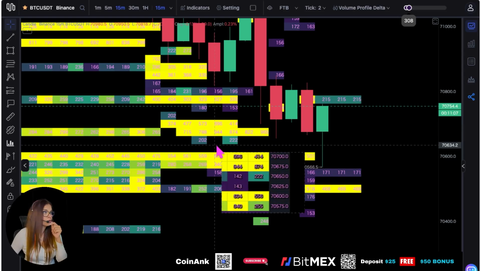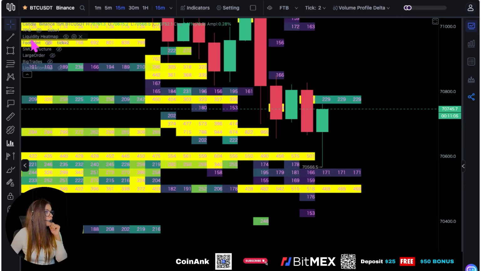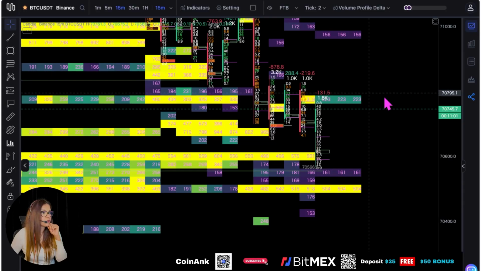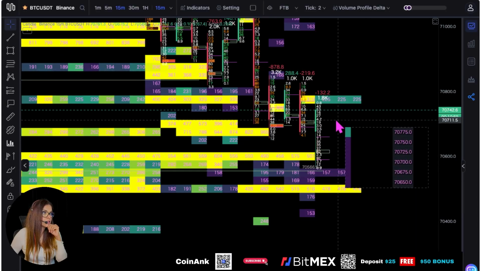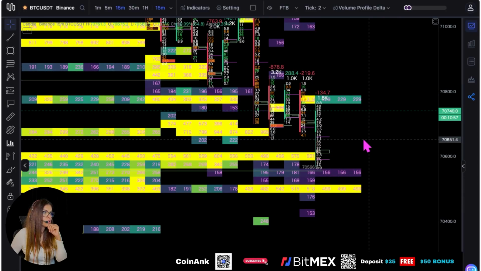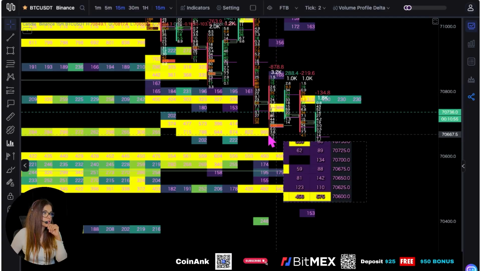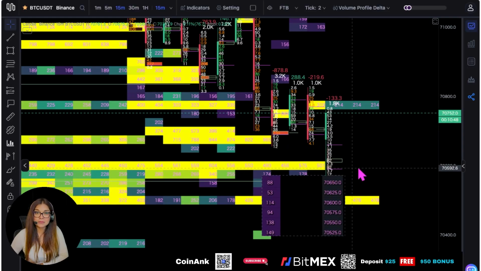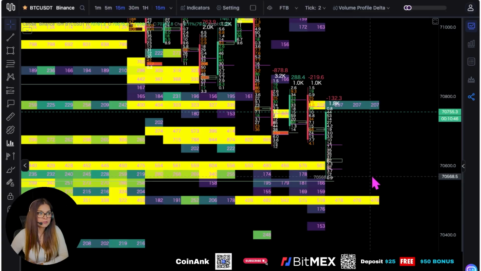So what I'll do now is I'll go and I'll turn on my footprint chart over here. Okay. And now I'll see if there were any large executed orders. We don't know if those limit orders were pulled or if they were executed.